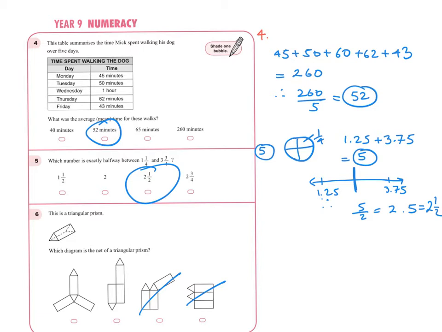And you may think, okay, I do have a triangle on one side and the other side, but here, this line here, if you bend it, this triangle and this triangle are going to be on the same side. So therefore, eliminate that one as well. So we are left with the first one. You may have used different strategies to choose which one is correct, but sometimes it's not bad to use elimination.